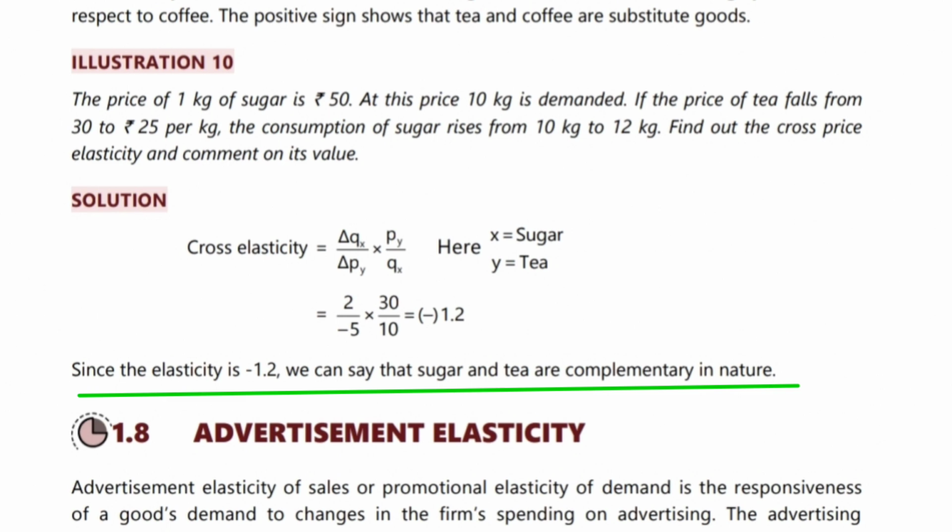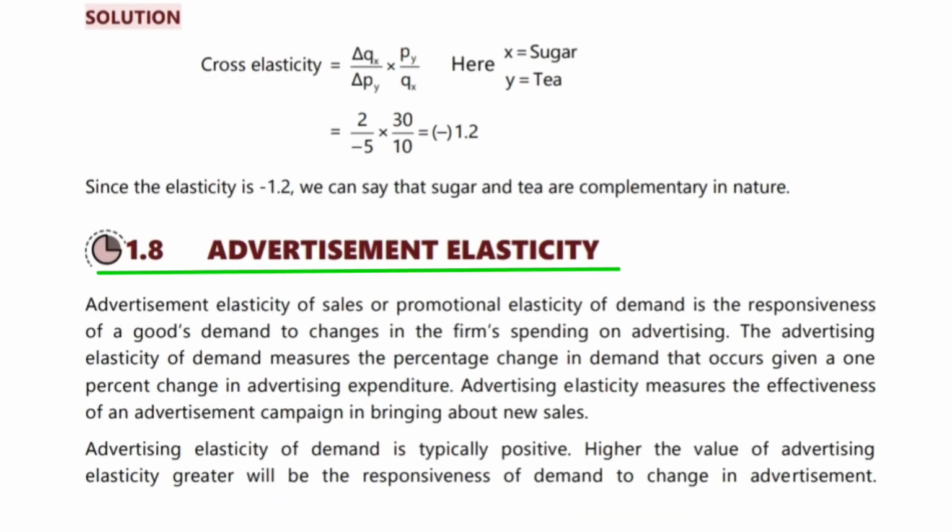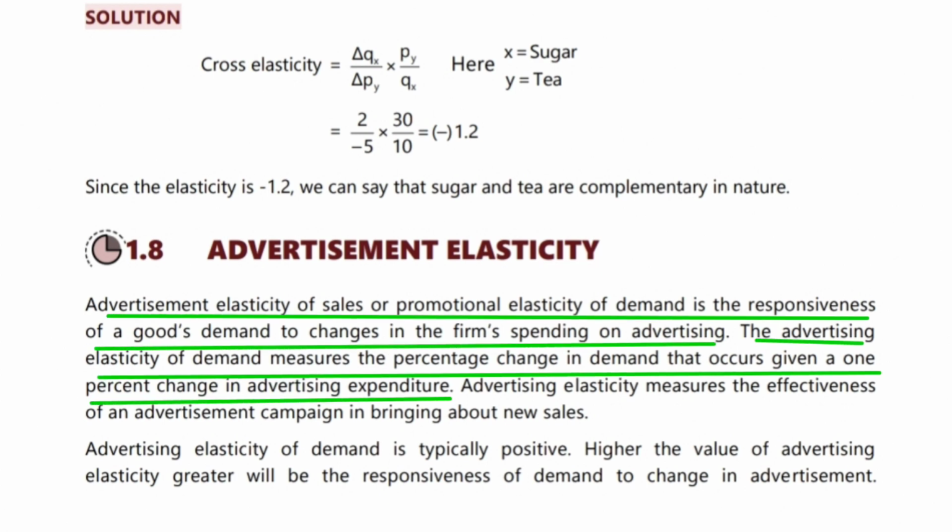The last one is advertisement elasticity. What is meant by advertisement elasticity? It is nothing but the responsiveness of the quantity demanded to a change in the amount spent on advertisement by the firm for the same product. I shall explain it more clearly.